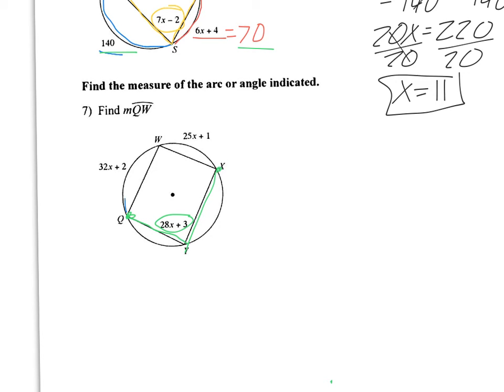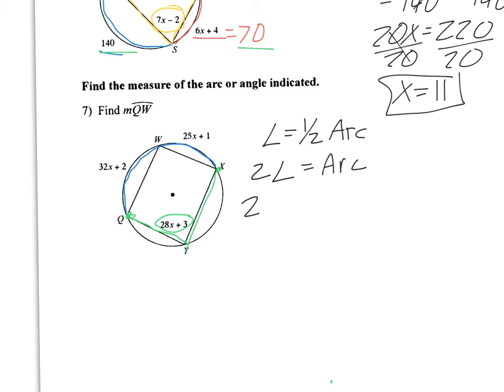Well, the arc goes from here to here, which are those two expressions added together. So remember, angle is half the arc. That's what we've been doing. Or, what's even better, is 2 times the angle equals the arc. The reason I'd rather do that one is because I don't like fractions.